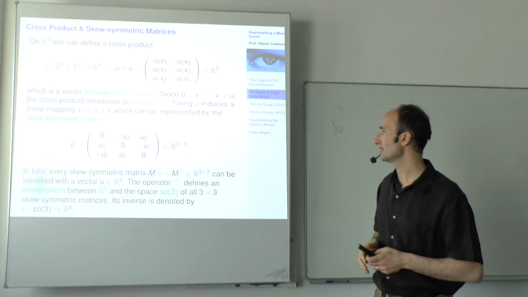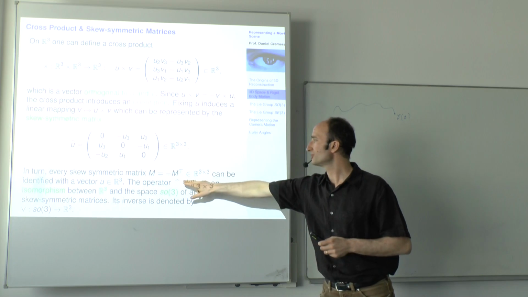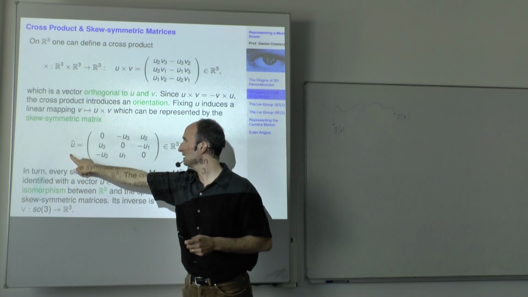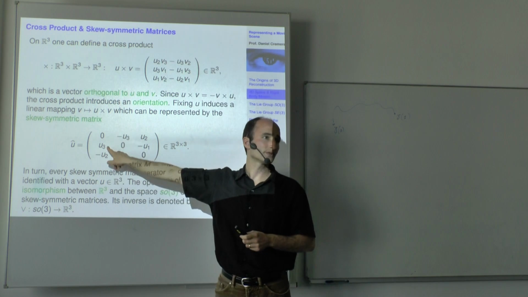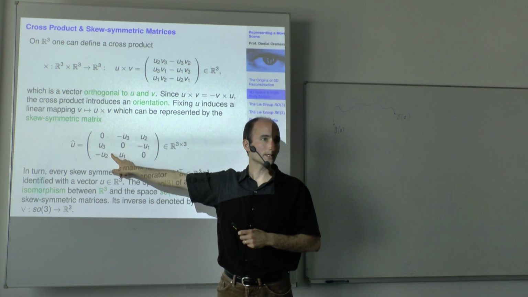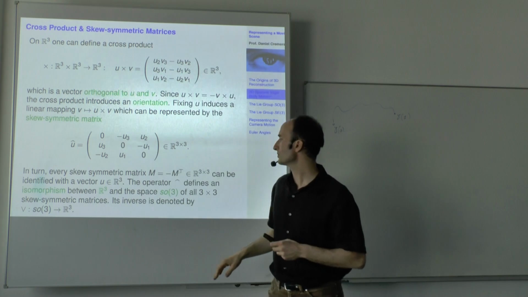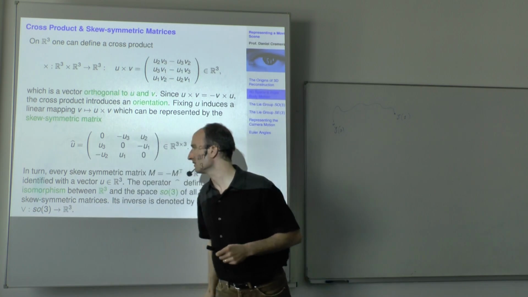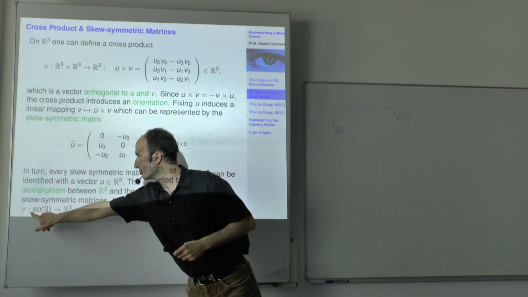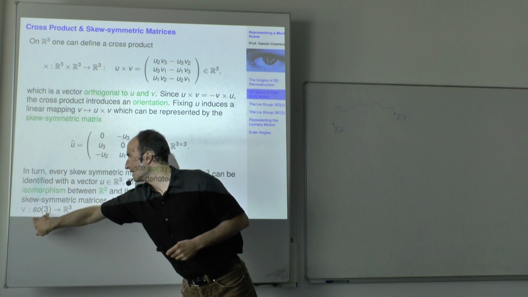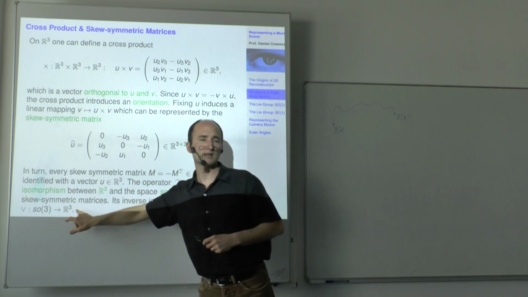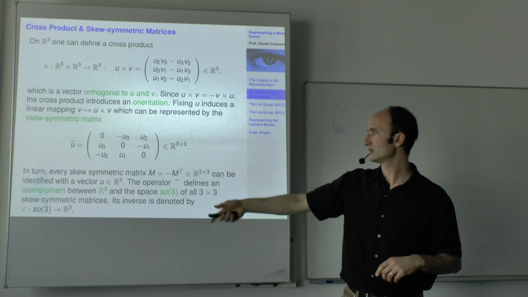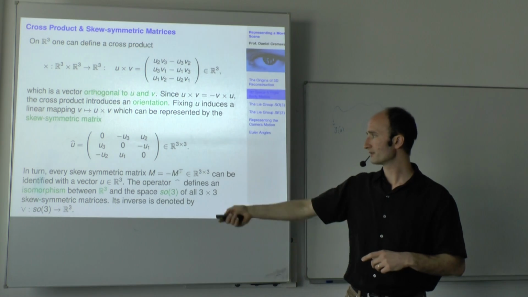And in fact, one can then say we define this operator hat that takes a vector in R3 and maps it to a skew-symmetric 3×3 matrix. And in turn, of course, we can have an operator which is often called vee, and that operator does the inverse. It takes a skew-symmetric matrix and maps it to the three-dimensional R3 vectors.